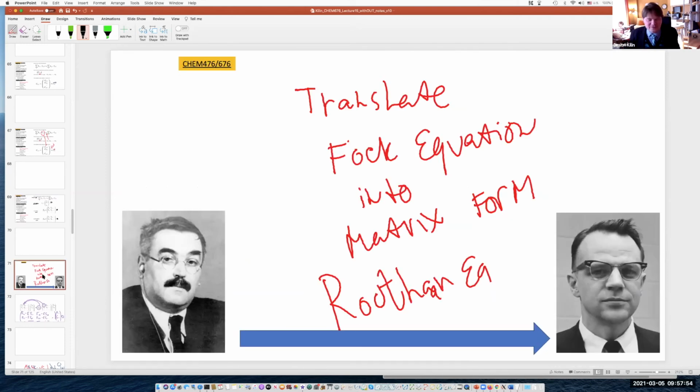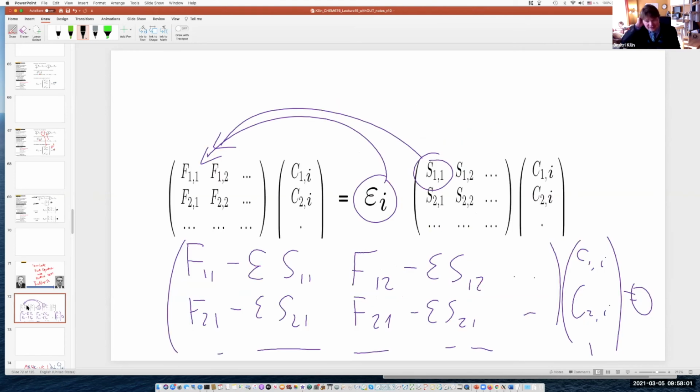So we are going from Fock to Roothaan, right? And here is how the equation looks. We multiply the Fock matrix by the vector of molecular orbital expansion coefficients, then the S matrix by the expansion coefficients, and we have the unknown energy up front.